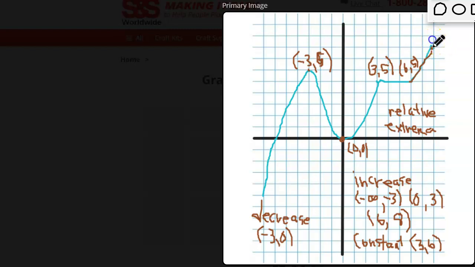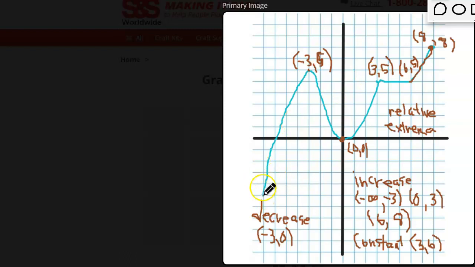So let's notice that this point right here, which is at 8, 8, is the absolute maximum on this graph. That's my absolute maximum. It's absolutely the highest point on the entire graph.